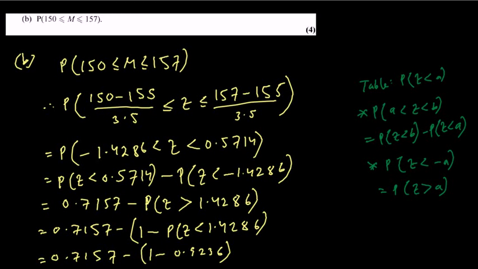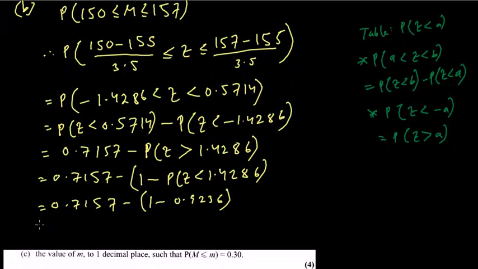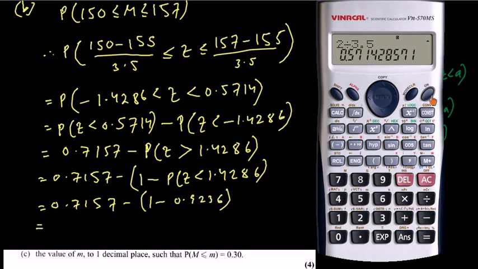With the calculator, let's check this: 0.7157 minus bracket 1 minus 0.9236.